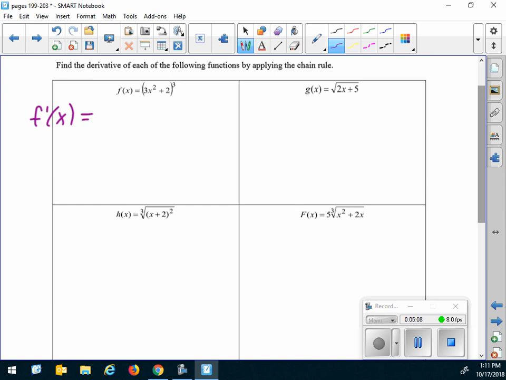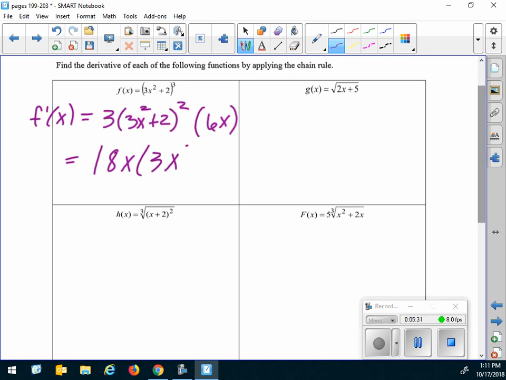Good. Derivative of the outer function, so the derivative of cubing something is 3 times that to the second power times the derivative of the inside. What's the derivative of the inside function? 6x. Just clean this up as 3 times 6x, 18x times 3x squared plus 2 quantity squared. Chase is going to go ahead and multiply it all out, but okay.